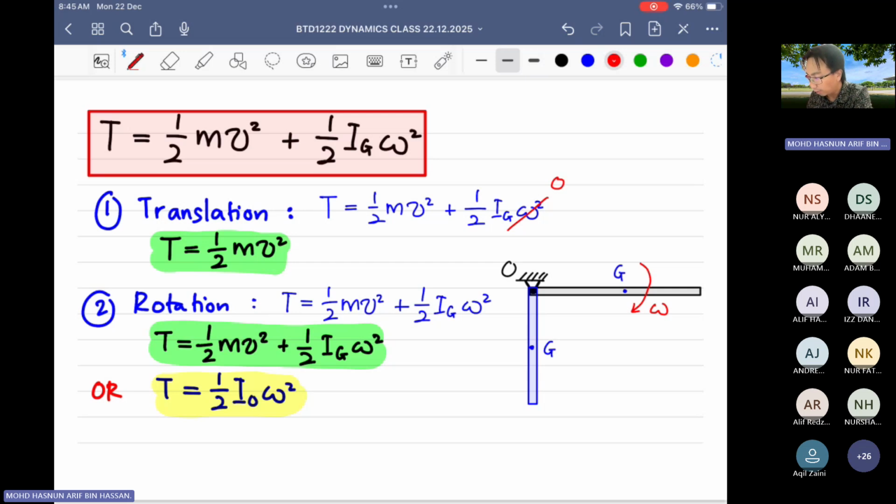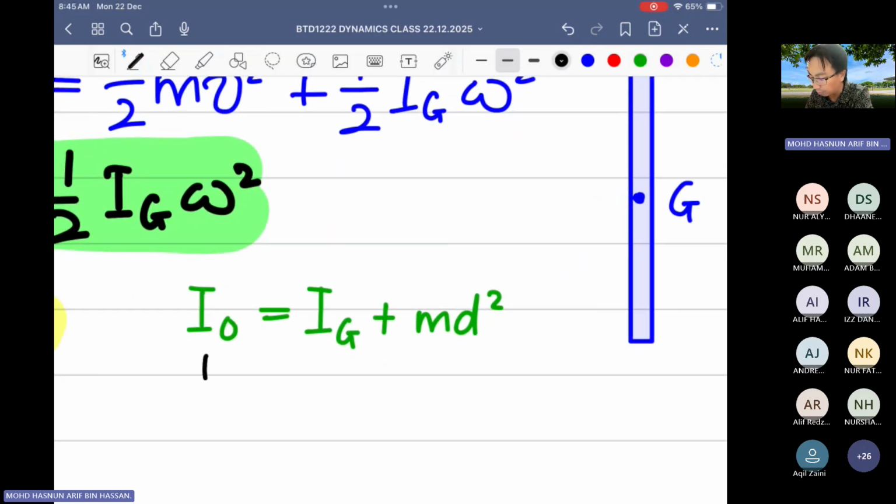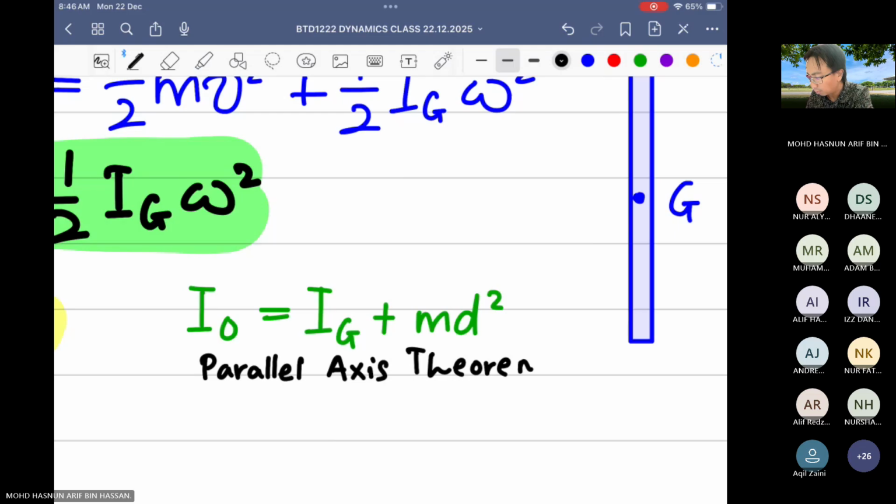And how do you find Io? Io is basically using the parallel axis theorem, which is Ig plus md². This is the parallel axis theorem. We have learned this before, in chapter 2.